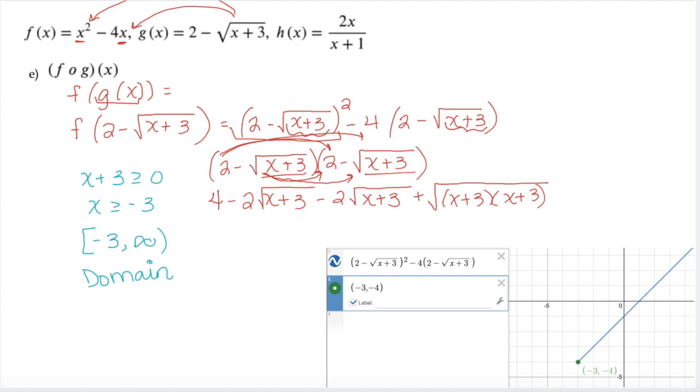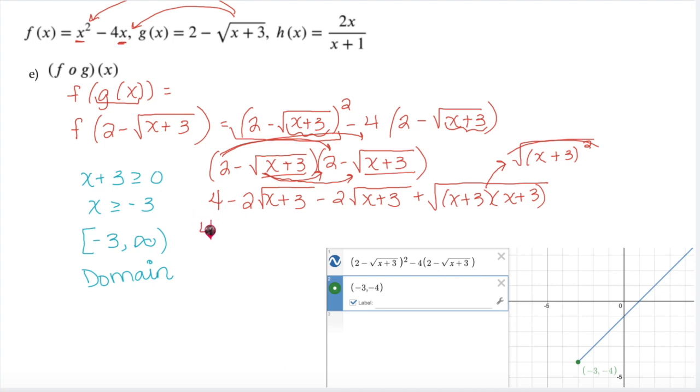Well, this is a unique situation since x plus 3 times itself is x plus 3 squared. So when I take the square root of x plus 3 squared, happy day, the square root and the square cancel one another or undo each other.